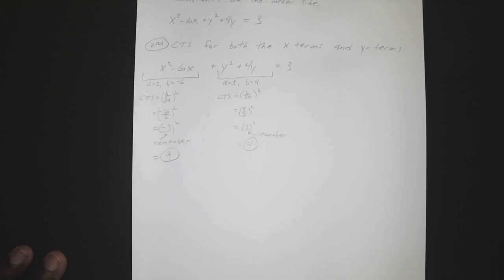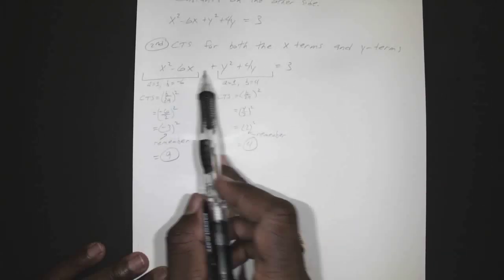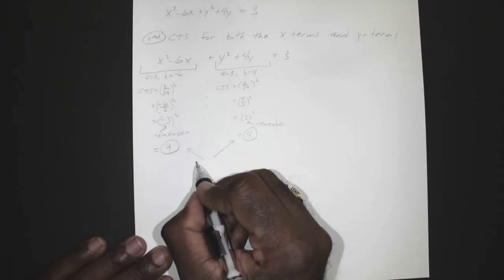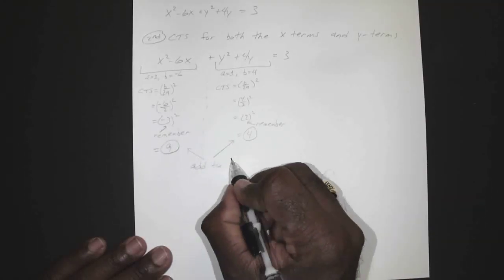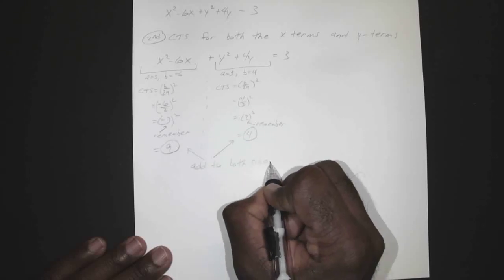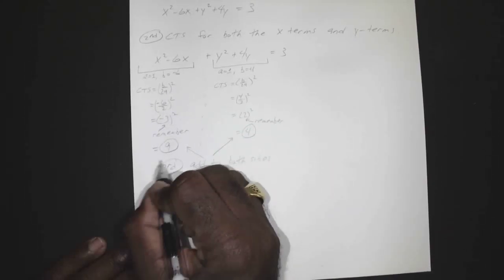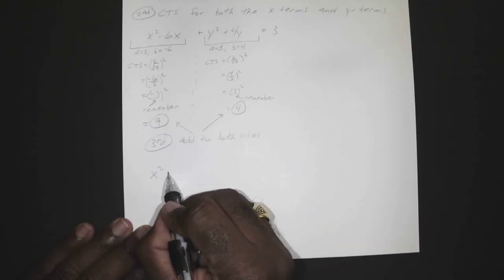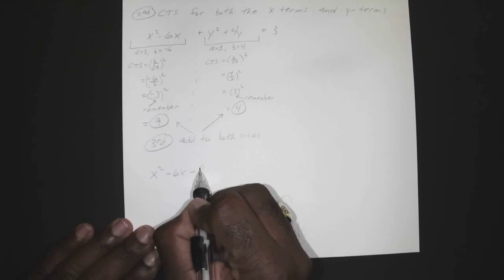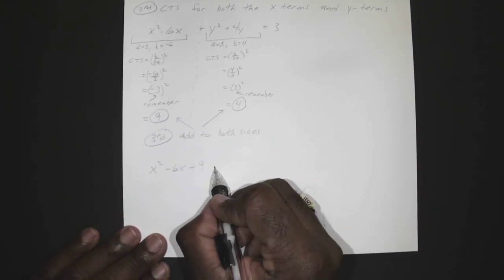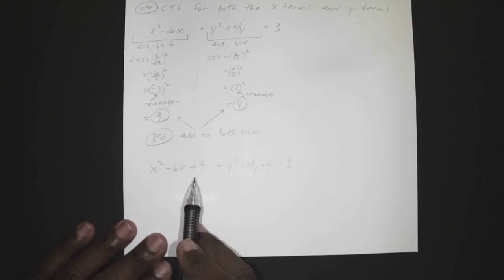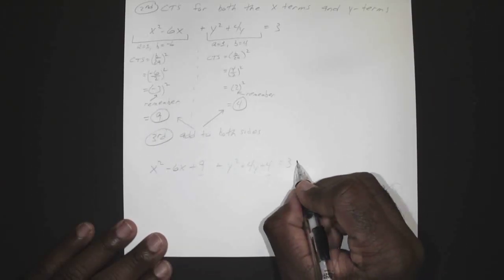Now your third step is to add both of these values to both sides. So we'll have x squared minus 6x plus 9 plus y squared plus 4y plus 4 equals 3 plus 9 plus 4.